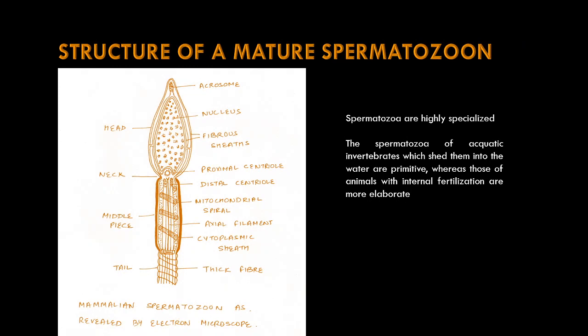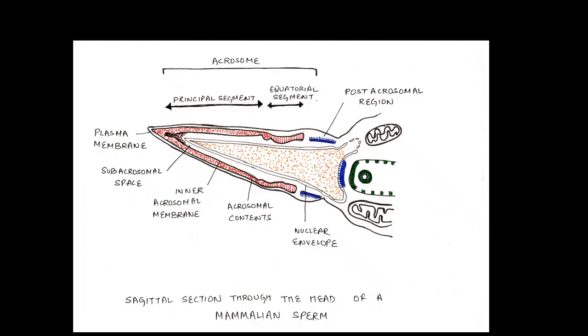Now let's talk about each of the substructures of the spermatozoon in detail. First is the head region. This is the diagram showing sagittal section through the head of the mammalian sperm. As you can see, again on the outside there is present a plasma membrane.